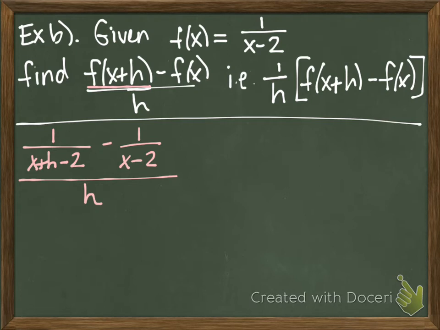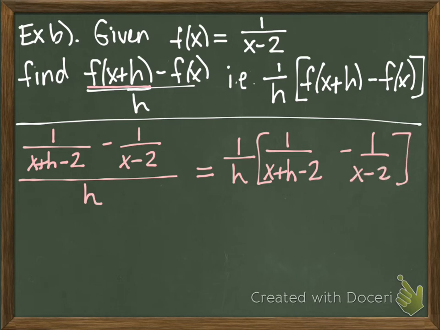So dividing by h is the same as multiplying by 1 over h. We're going to use that to rewrite what I have down below. This is the same as having 1 over h times the difference of these two fractions.